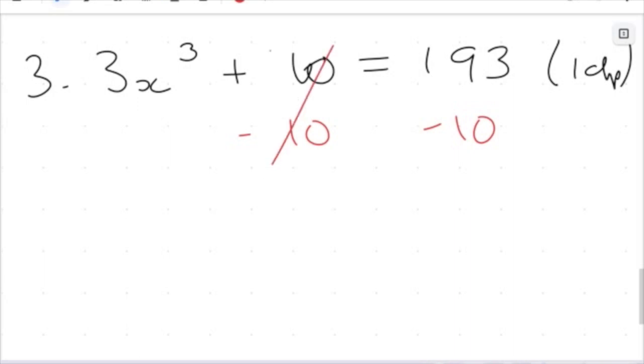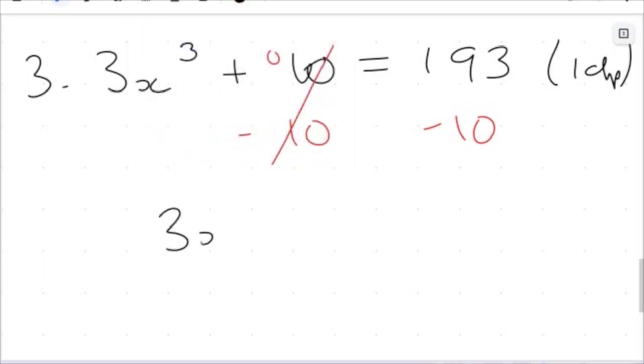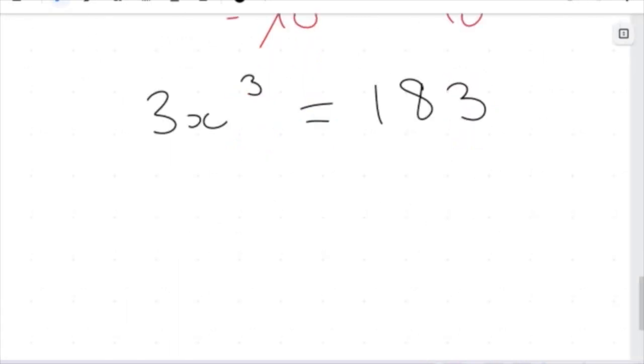Now these two cancel out, leaving me with 3x cubed on the left, and on the right hand side we get 183.